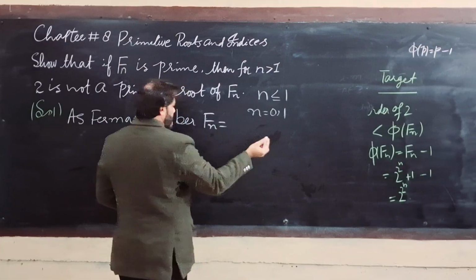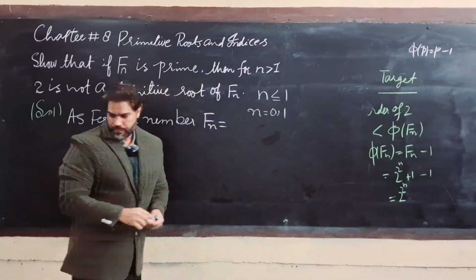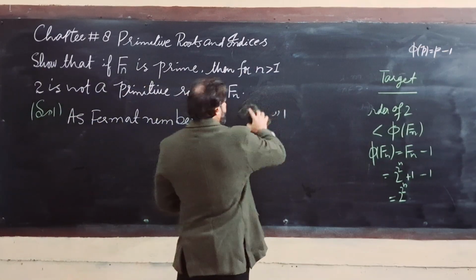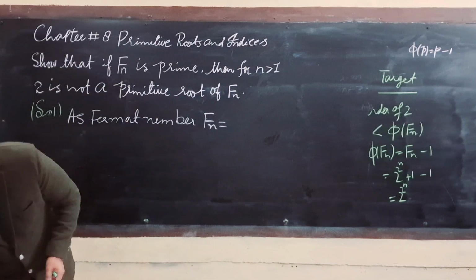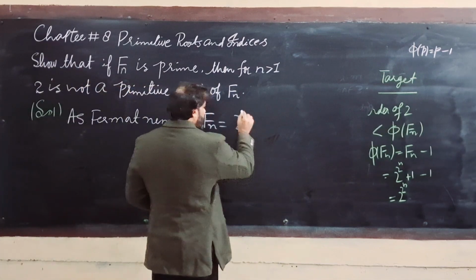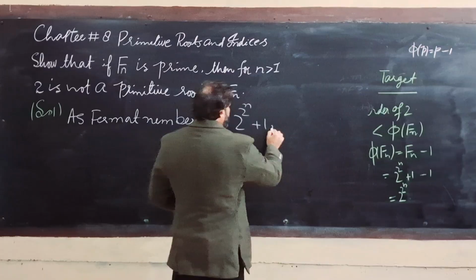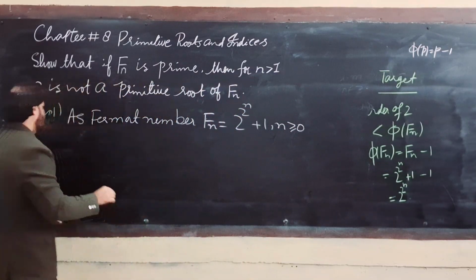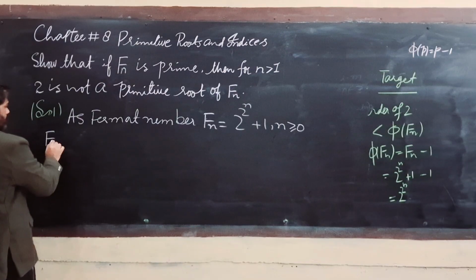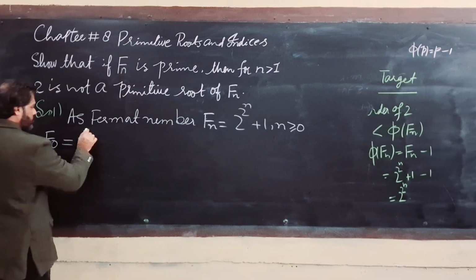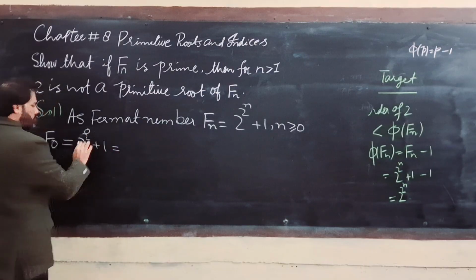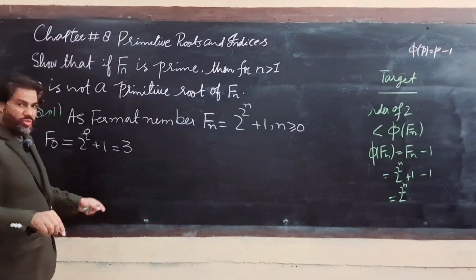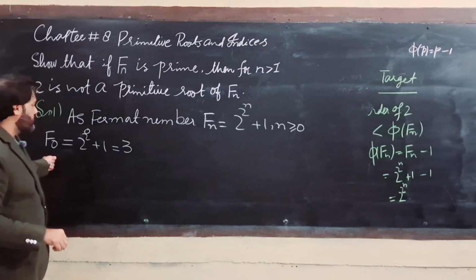Fn can be defined as 2 raised to power 2^n plus 1, where n is greater than or equal to 0. When n is equal to 0, F0 is 2 raised to power 1 plus 1, which is equal to 3. So here we show that 2 is a primitive root of 3, that is F0.